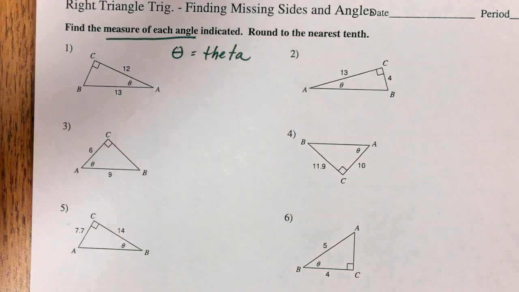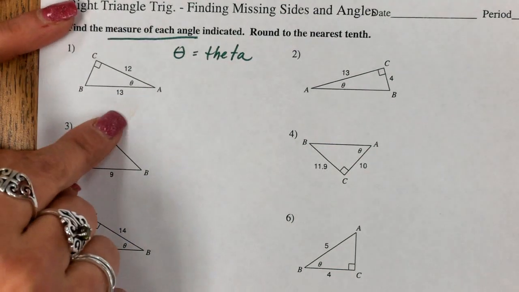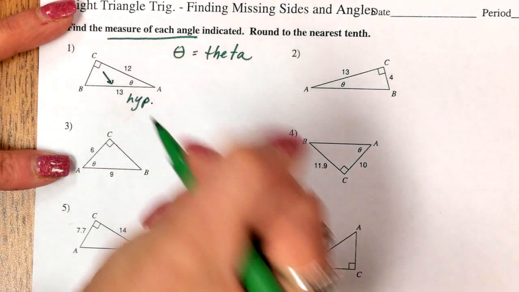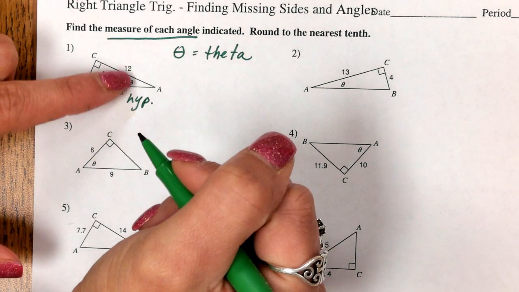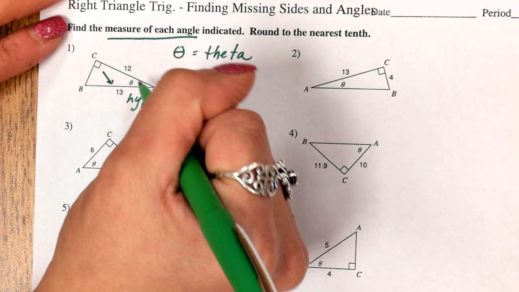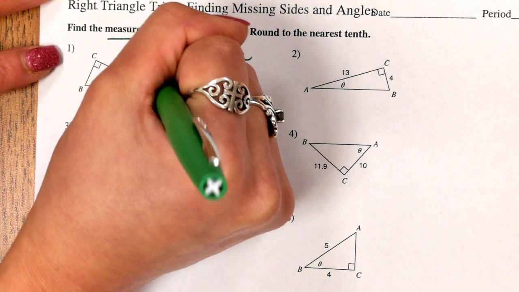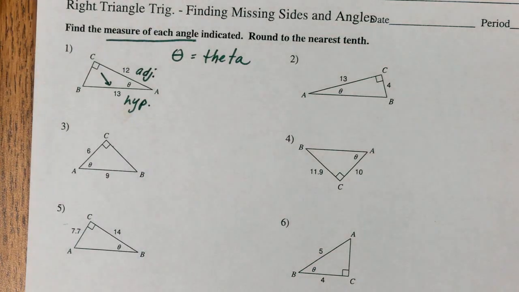So I'm going to use the info given. 13 is my hypotenuse, right? And then this would be considered my adjacent side to theta, because the opposite would be over here. So if I look at my notes, what involves A and H? C, right? So good, Toa.